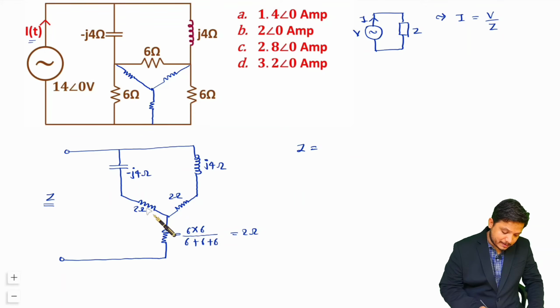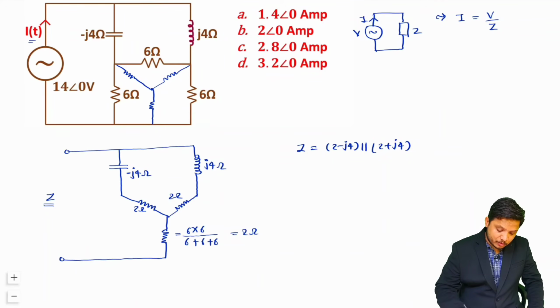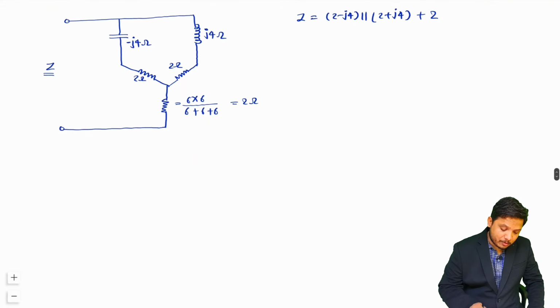So this wing is 2 minus J4, so 2 minus J4 in parallel with 2 plus J4, right, and this is in series with this, so plus 2 I need to write over here. So that is how we have the equivalent impedance of this much part of the circuit, right.